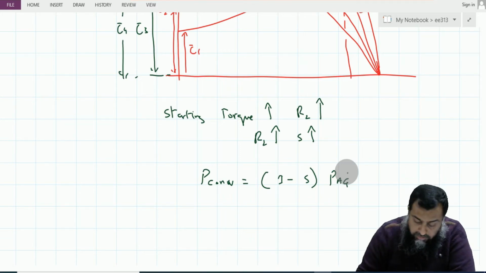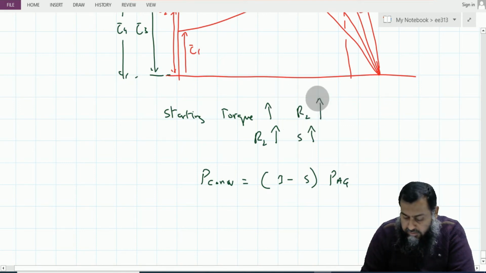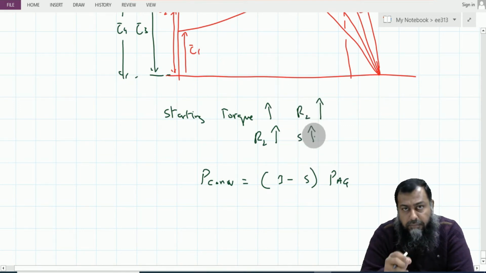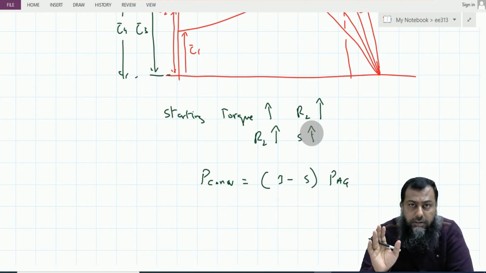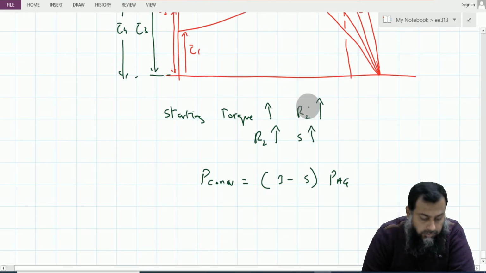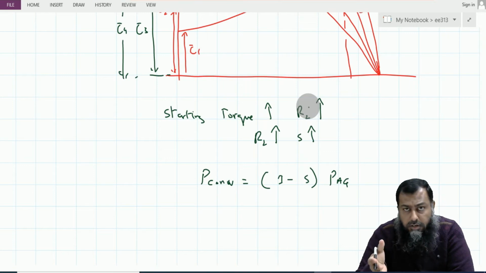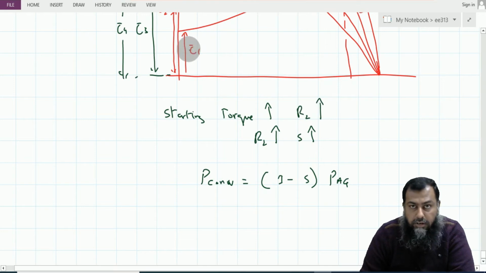We require a higher starting torque. We can increase this resistance R2, but that increase in R2 also results in an increase in the slip value, and the increase in the slip value decreases the converted power on the mechanical side, and therefore the efficiency of the motor decreases with the increase in the rotor resistance R2. Vice versa, a motor with a lower value of rotor resistance has a higher efficiency, but it will have an impact on the starting torque values.